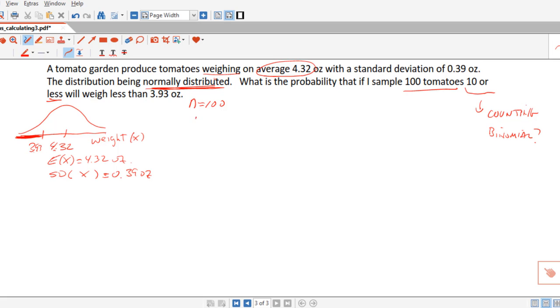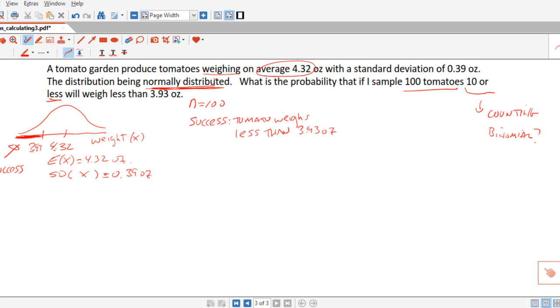So it looks like success. In other words, what is it that I want to count? What I want to count is a tomato weighs less than 3.93 ounces. So this region right here, this is success.